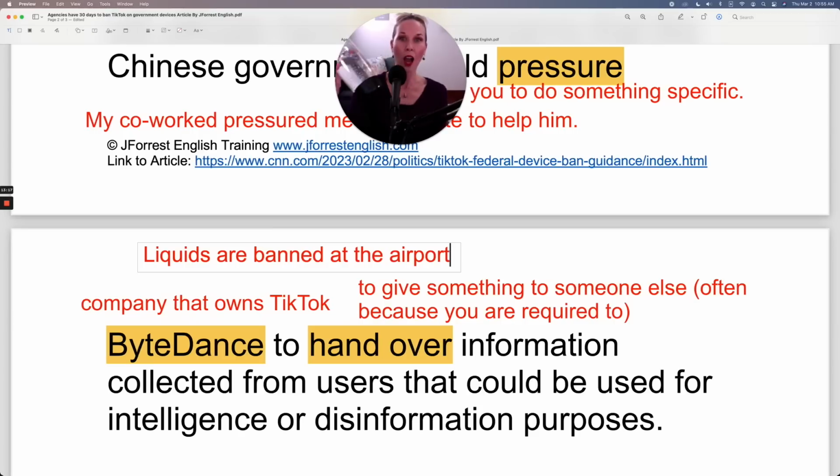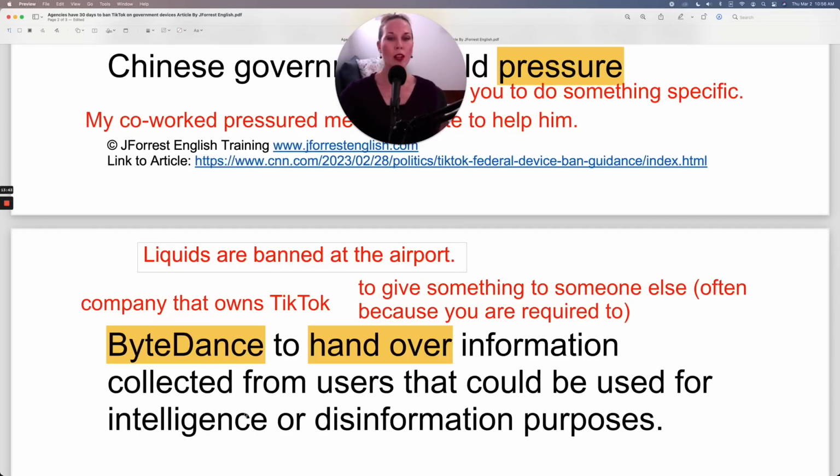So let's say I try to take this bottle of water through security. This is more than 3 ounces, right? The airport official would say, "Ma'am, hand over your water." Now, I have to give my water to the airport official, but I don't necessarily want to. I'm required to.